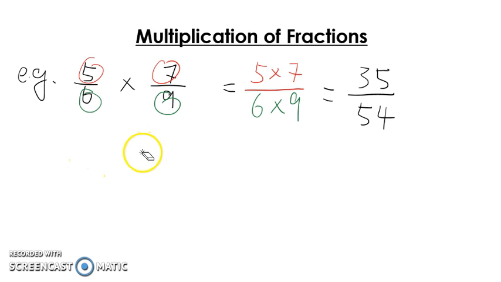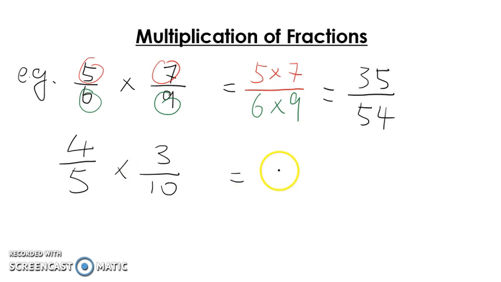Couple more examples before we move on. Let's do 4/5 times 3/10. So we would get 4 times 3, which equals 12, and 5 times 10, which equals 50.